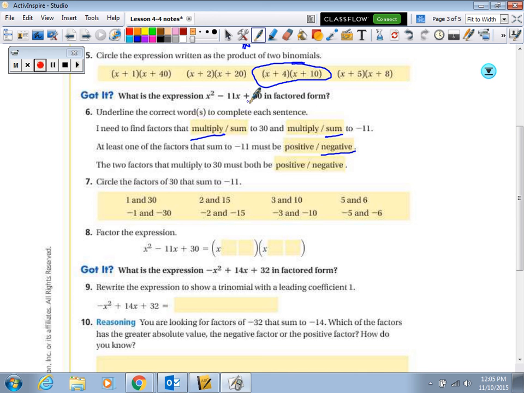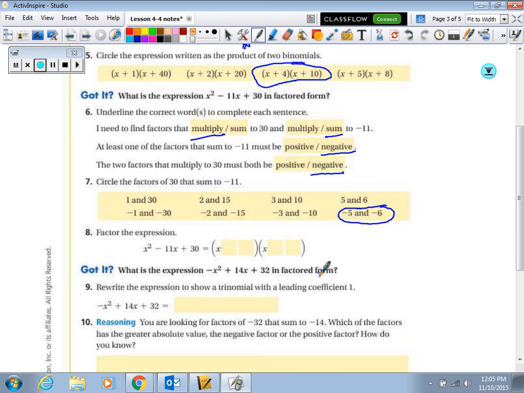As it turns out, this is a plus, so they must both be negative. The two factors that multiply must both be negative, because a negative times a negative is a positive, but when you add them, they're going to be negative. Okay? And so the factors of 30 that sum to -11, you look at all of these and you should get that one.